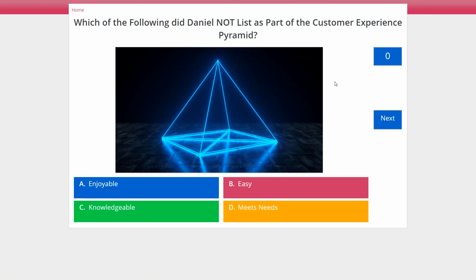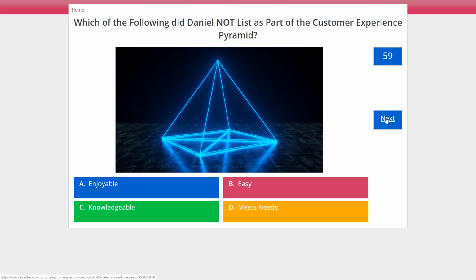Which of the following did Daniel not list as part of the customer experience pyramid? Was it A, enjoyable, B, easy, C, knowledgeable, or D, meets needs?